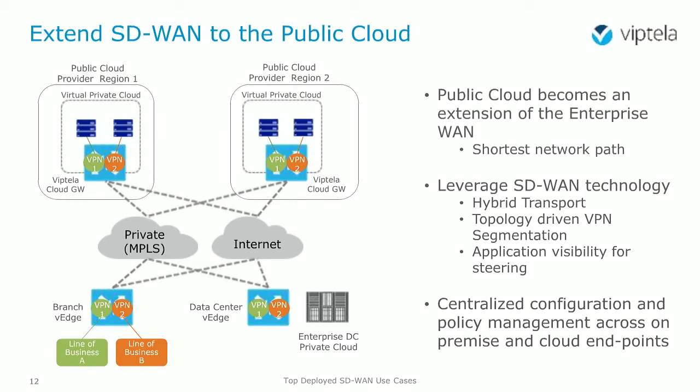Viptela's philosophy is to provide you the shortest network path between your users, which are at the branch offices, and your cloud resources, which in this case are in your AWS. No backhauling, no swinging through a midpoint choke point, straight connectivity from the branch offices into the cloud.